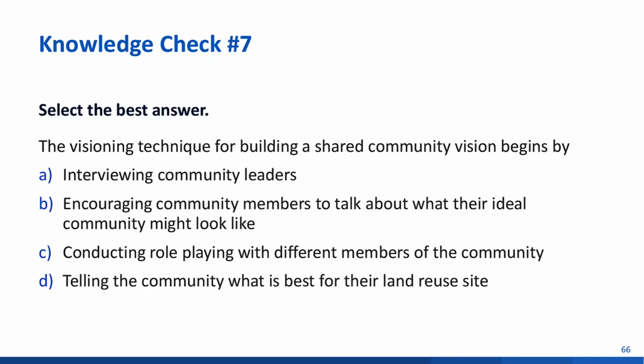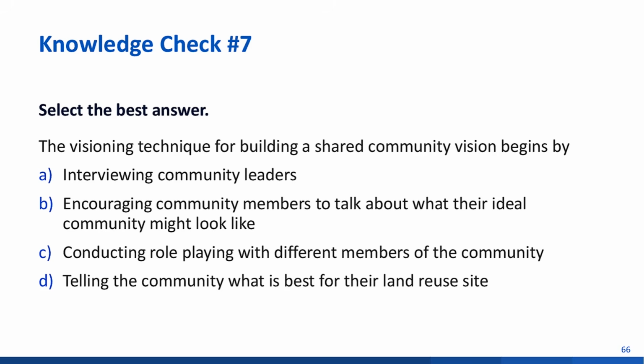We will now continue on to the rest of the knowledge checks. Knowledge check 7. Select the best answer. The visioning technique for building a shared community vision begins by A. Interviewing community leaders. B. Encouraging community members to talk about what their ideal community might look like. C. Conducting role-playing with different members of the community.